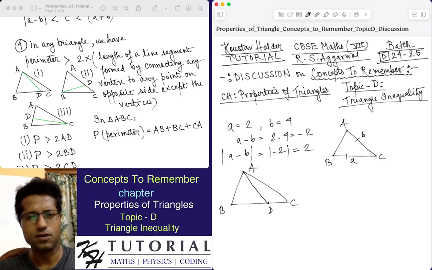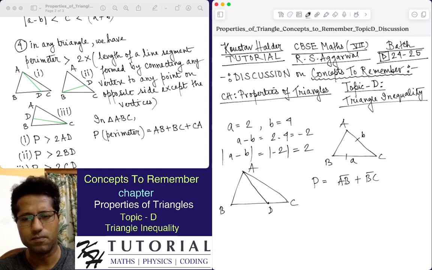Now in this scenario, if I am representing the perimeter of the triangle ABC with capital P, so P is nothing but AB plus BC plus CA. In the notes I forgot to put the bar on the AB, BC and CA, but anyway.